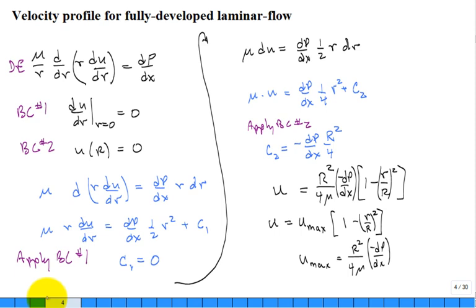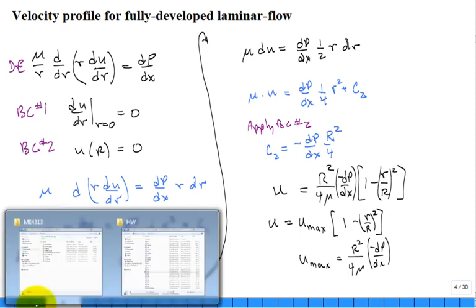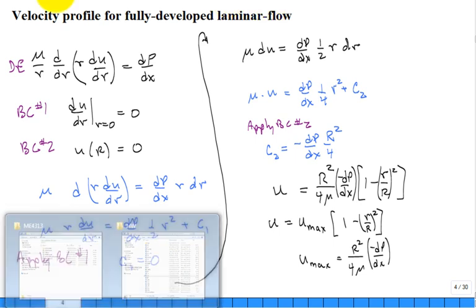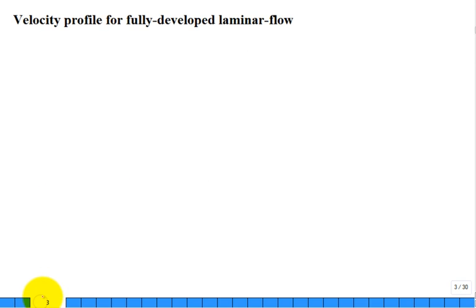Well, I need to develop a review of fluid mechanics and develop that laminar velocity profile. So let me back up here and do this. What would be our governing differential equation to help us solve for U as a function of R, where R goes between 0 and cap R? Well, it would be our momentum equation.